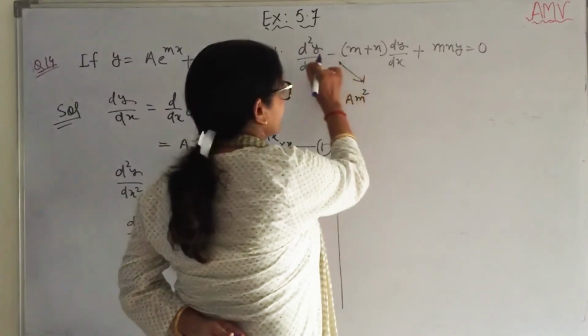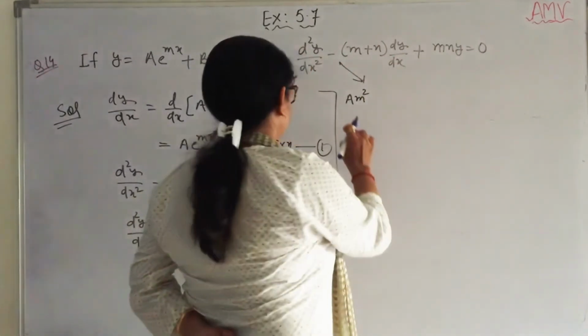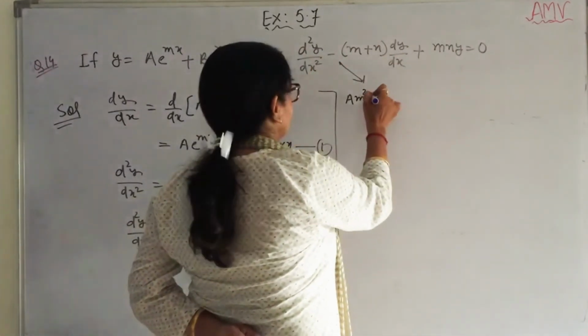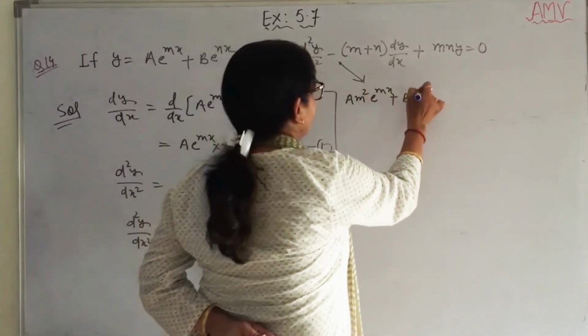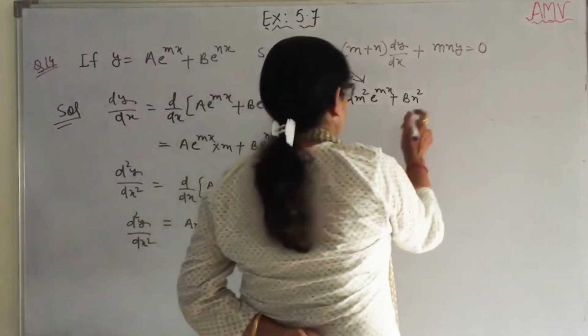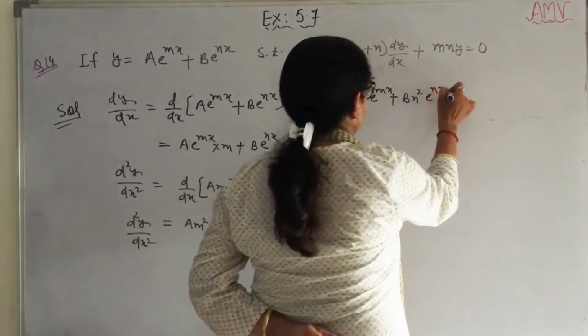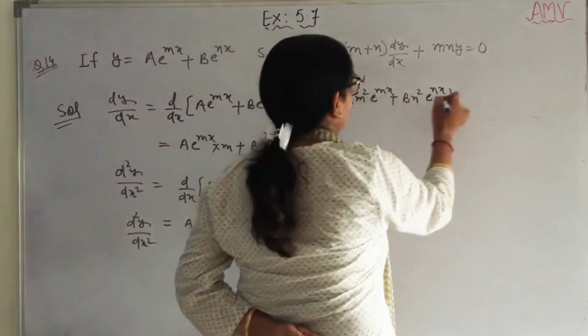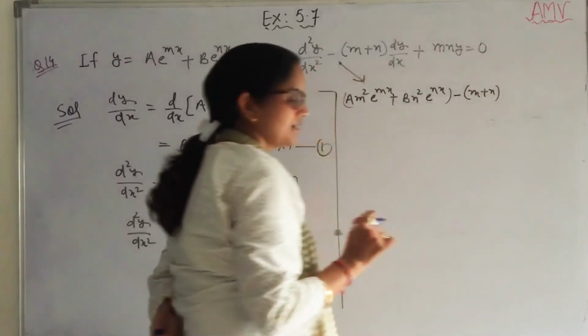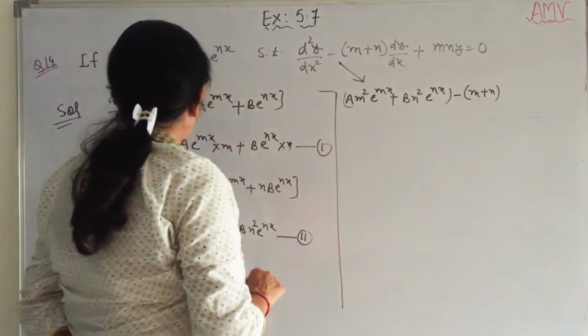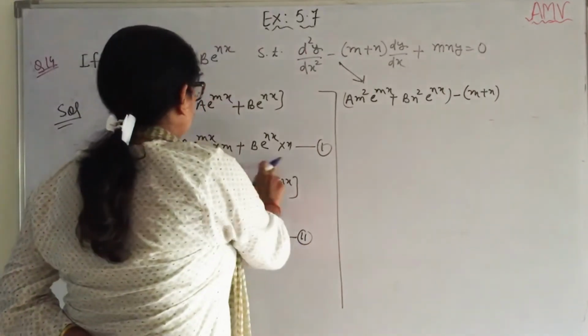I am substituting in this given equation. Now minus here m plus n, right, as it is, and now the value of dy upon dx.